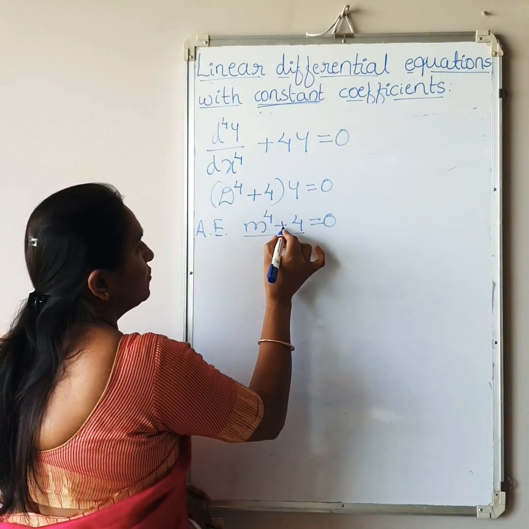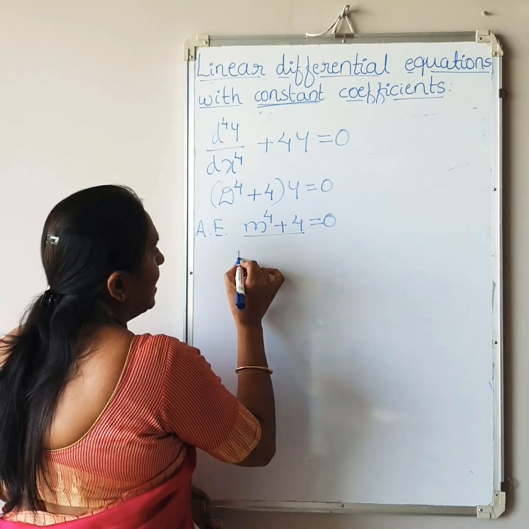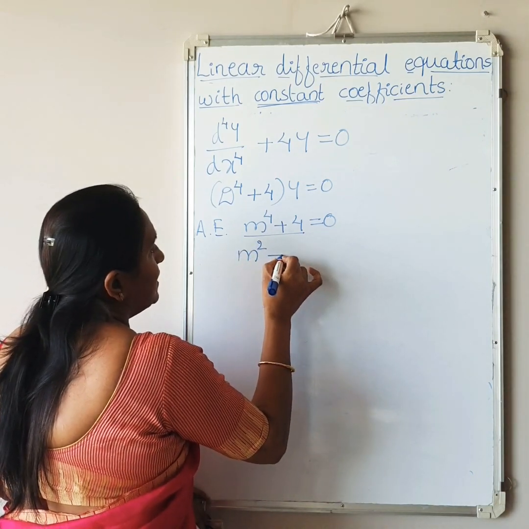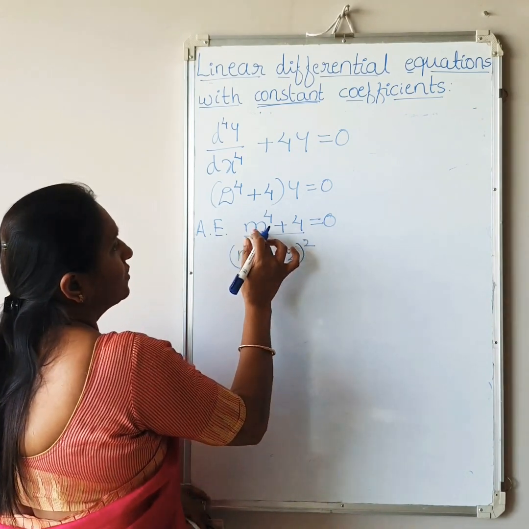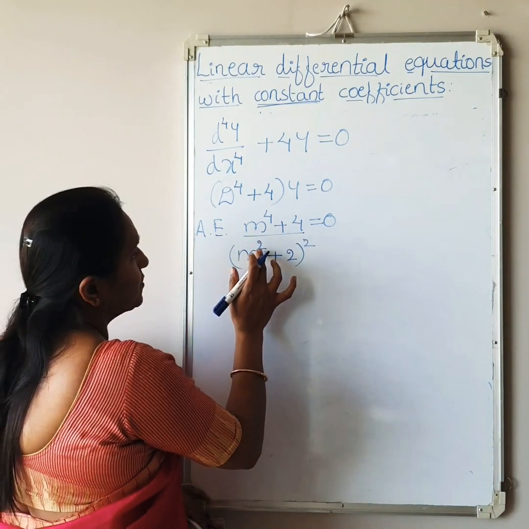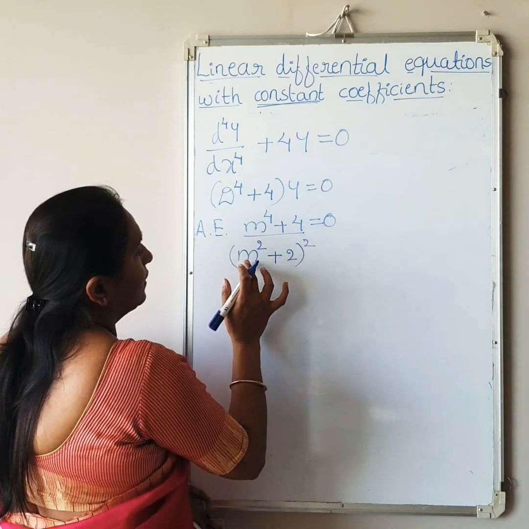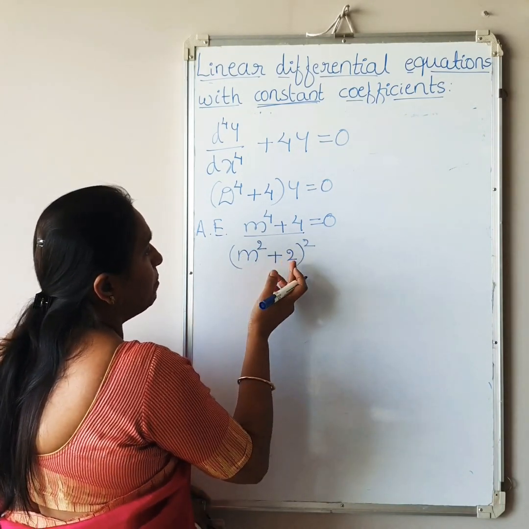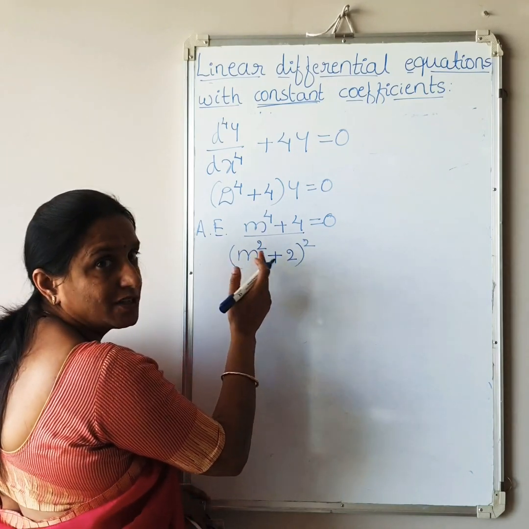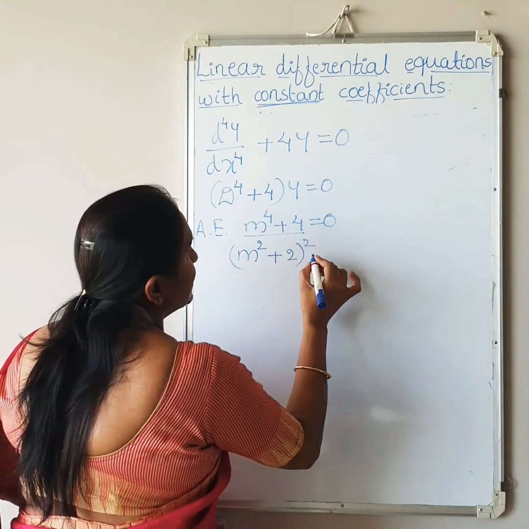That is, m raised to 4 plus 4 is there. So I'll write this one as m square plus 2 whole square. What is the expansion of this? m raised to 4 plus 4 plus 4m square, that is 2ab. That 4m square is extra here.